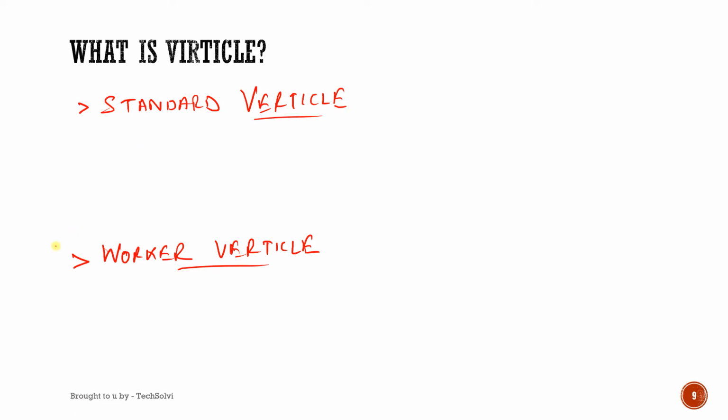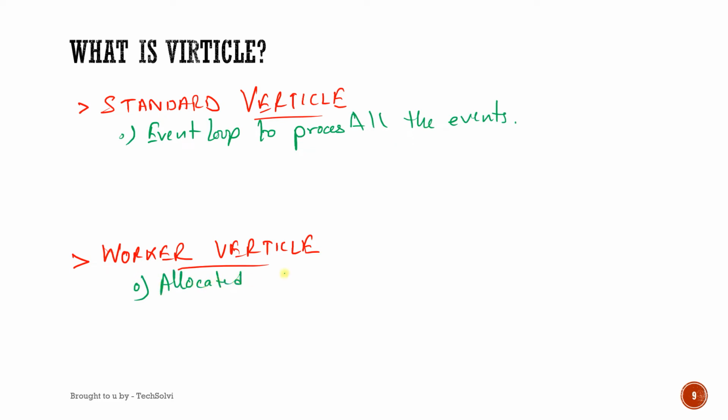The first key difference is that when we instantiate a standard verticle, it is assigned an event loop to process all the events. Whereas a worker verticle, when it gets instantiated, is allocated a thread from the worker thread pool.